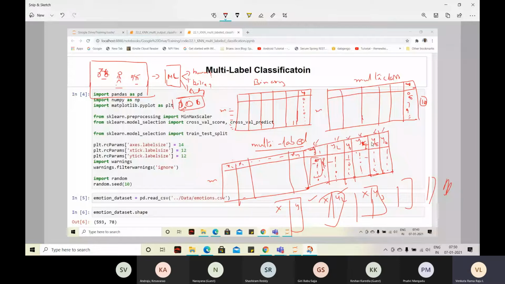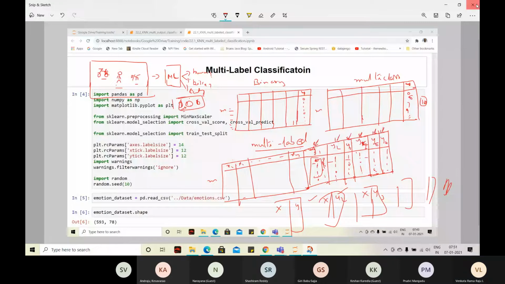There are multiple y variables, and in each y variable you have more than 2 labels. Then you call it multi-output classification. We'll see one example of multi-output also. I'll show you an example which is very useful. It's a bit confusing, not a big deal, but I'll explain the use case also and then explain it.